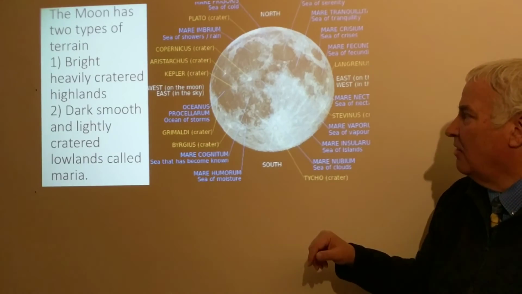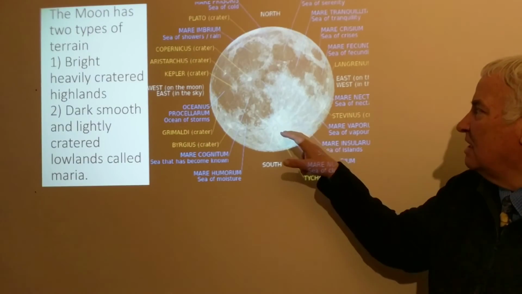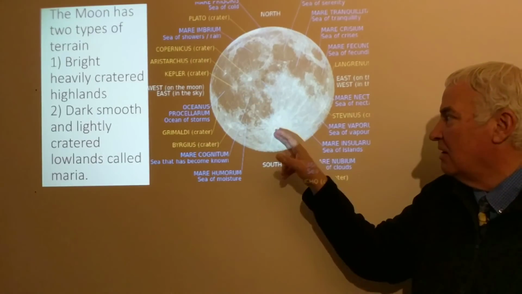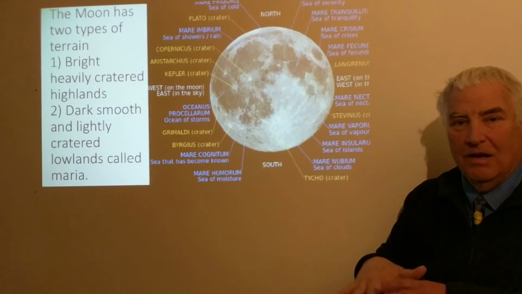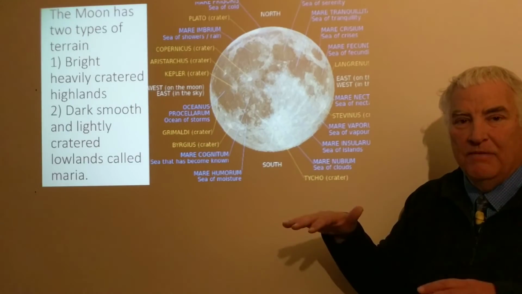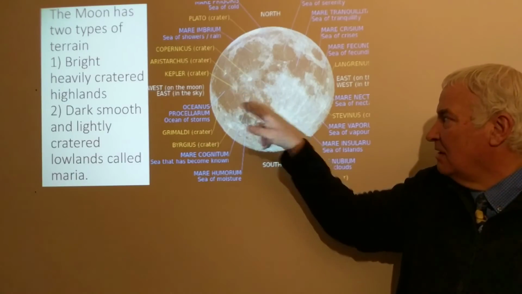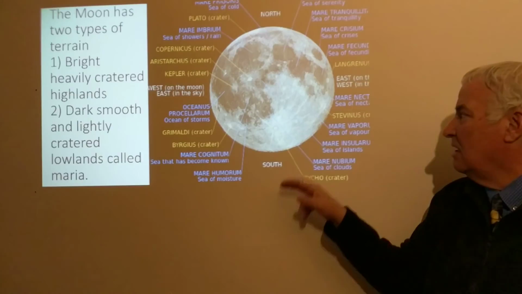And so those are called maria, and we can see craters on both parts, but the maria are much smoother because the lava that flowed in here filled in all of the previously existing craters, and only impacts occurring after that are seen in the darker maria areas.